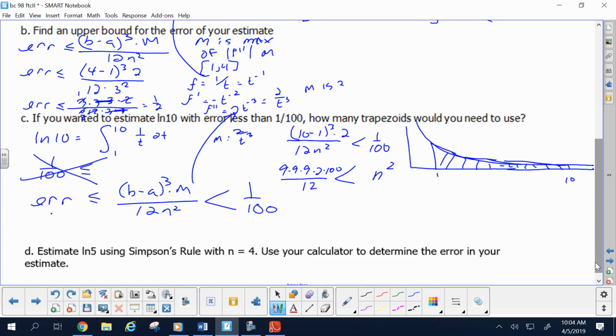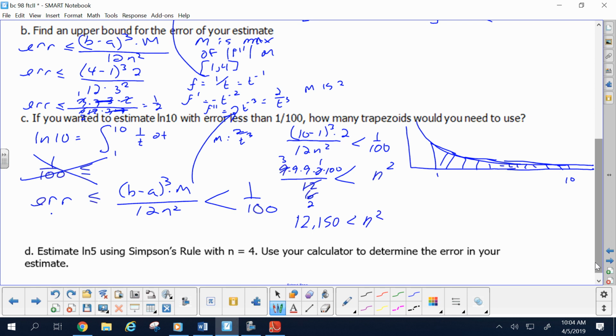Now you could pick up your calculator, probably find this quicker. I'm stubborn in that sense. So what do we got? 243 times 100, so 24,300. 12,150?